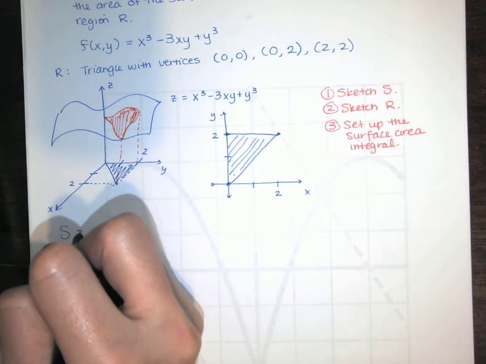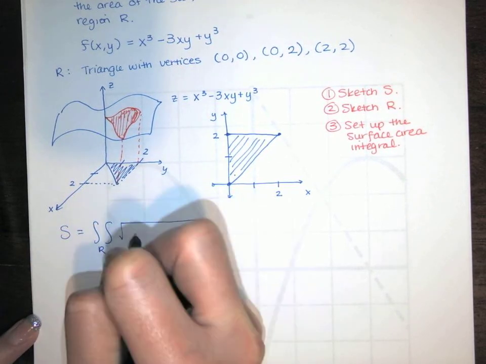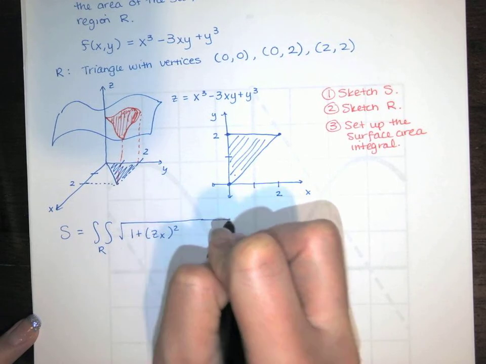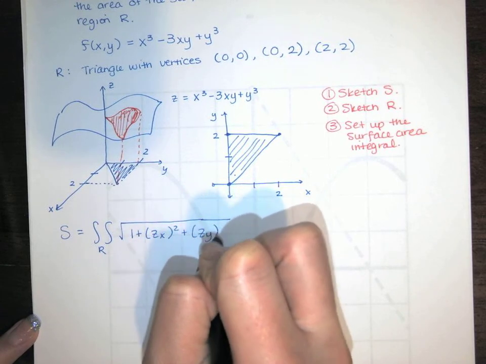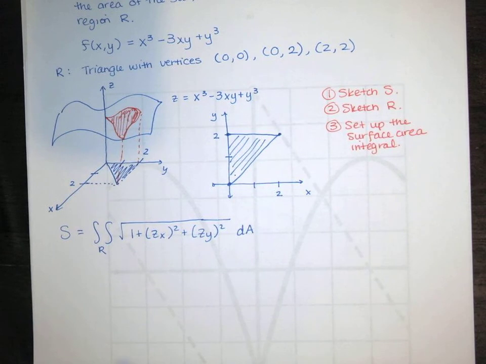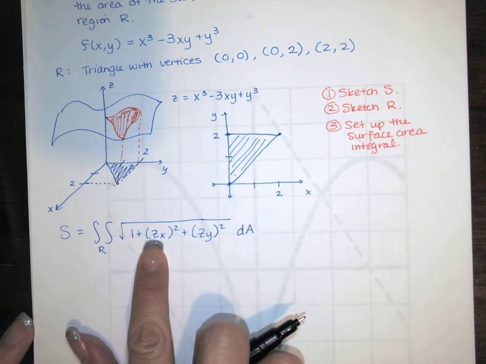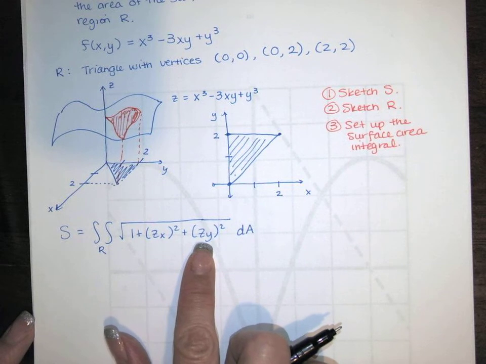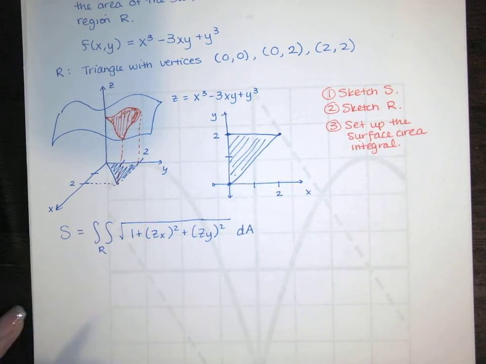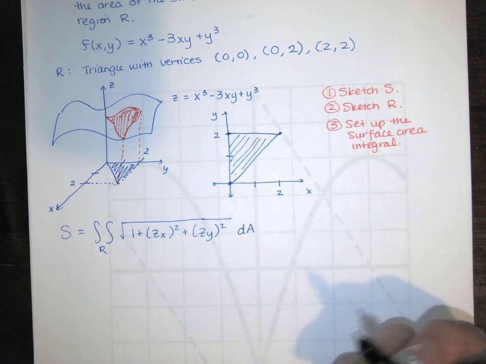So our surface area is the double integral over the region R of the square root of 1 plus the partial of z with respect to x squared plus the partial of z with respect to y squared. Now in order to set up this integral, I need the partial of z with respect to x and the partial of z with respect to y, and I need a description for R. I need x to go from a function to a function and y to go from a constant to a constant, or the other way around.